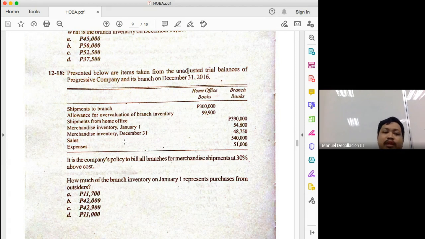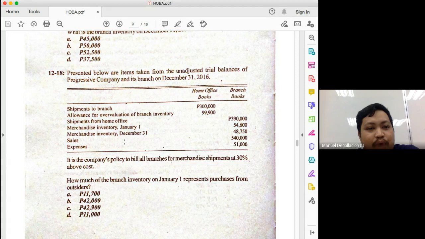And are we given the total beginning inventory, class? Yes, you have the merchandise inventory of 54,600. So basically what the problem is asking from us, class, is to simply determine the breakdown, the composition out of the 54,600. Out of the 54,600, how much came from the home office, how much came from outside parties.